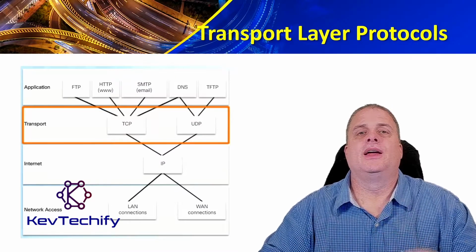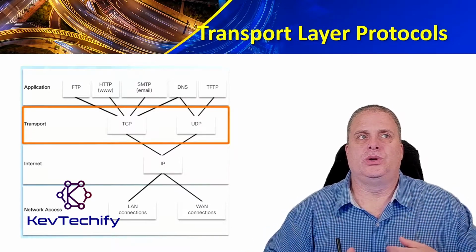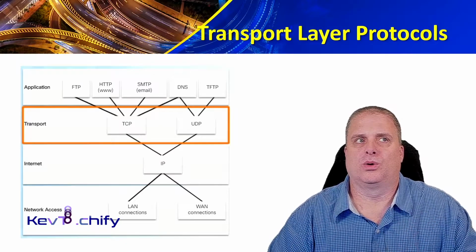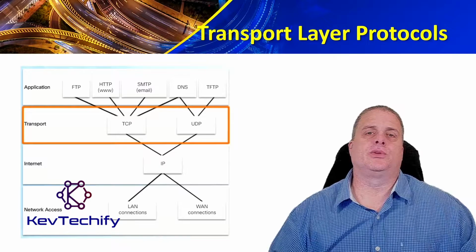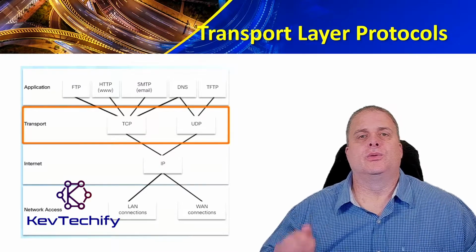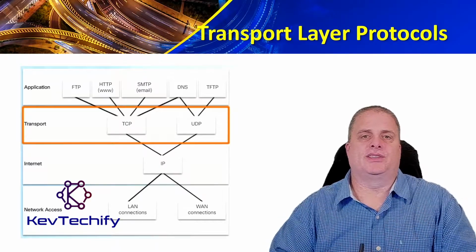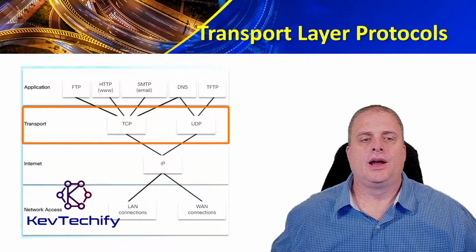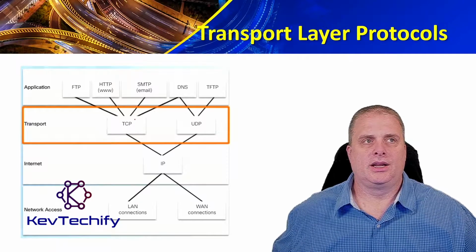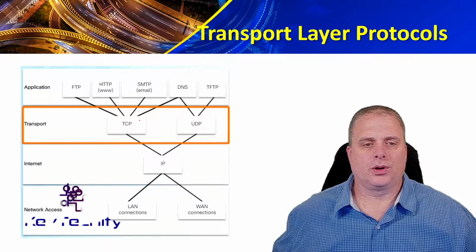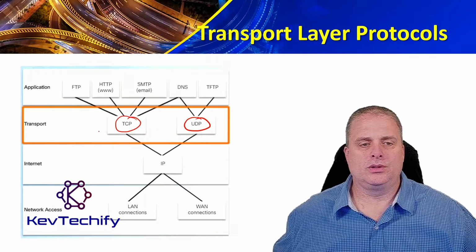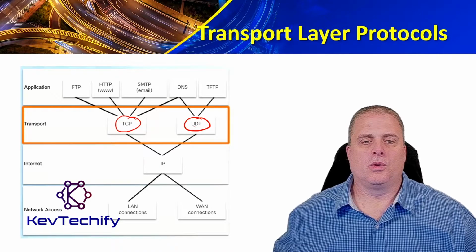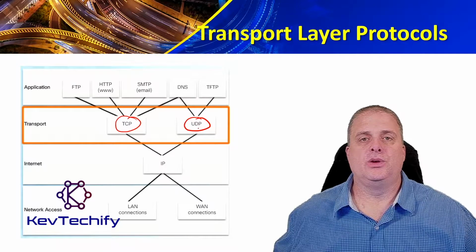The transport layer specifies how to transfer the messages between the hosts. And the transport layer is also responsible for managing the reliability of that message. It contains two different protocols here, the TCP and the UDP. One is reliable, which is the TCP. One is not reliable, that is the UDP.